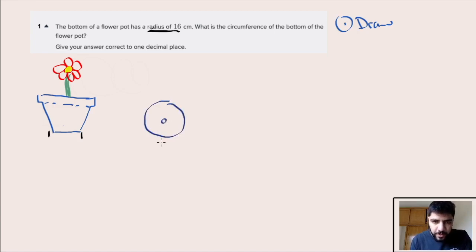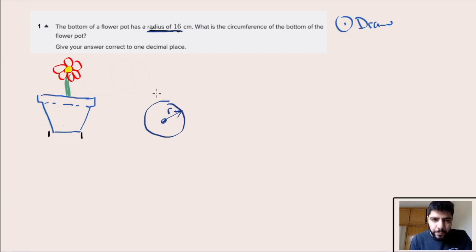Usually it has a hole in the middle or something to let the water out. So we have a circle on the bottom of this flower pot. And it has a radius of 16. If you remember radius, it's the length between the center of the circle and the edge. So this length here is r. Okay? So far so good. We have a circle in the bottom and the radius is 16.